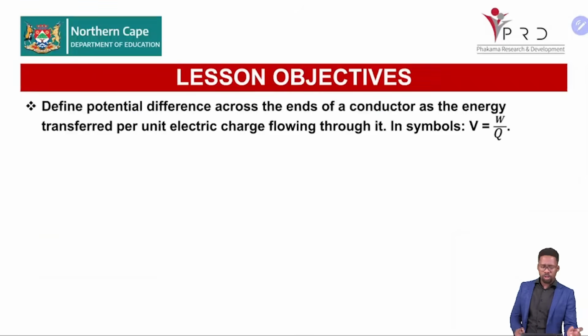So today we are going to learn more about the potential difference, but we must start from the definition. For us to understand this potential difference, we must know how to define it. And we can define the potential difference in 2 ways. We can define the potential difference as the energy transferred per unit electric charge flowing through it.